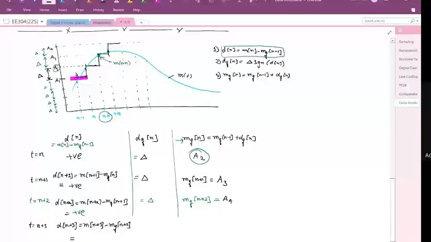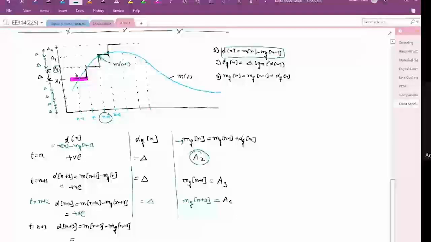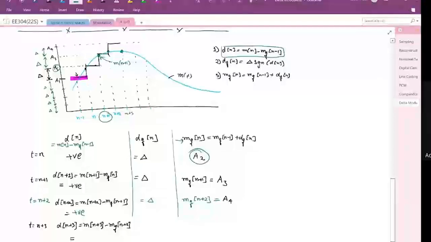So mn plus 3 is this value in green. Sorry, not this. Mn plus 3 is this value. This is n plus 3, so this is m of n plus 3.